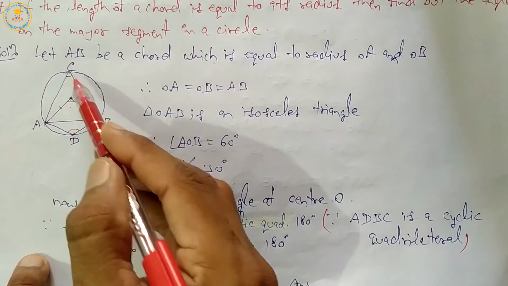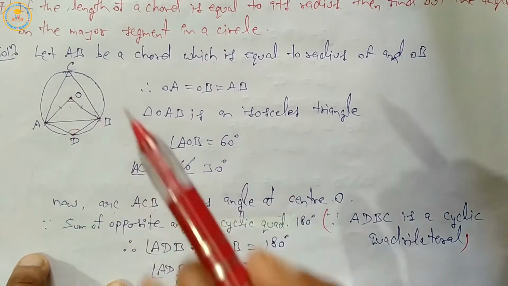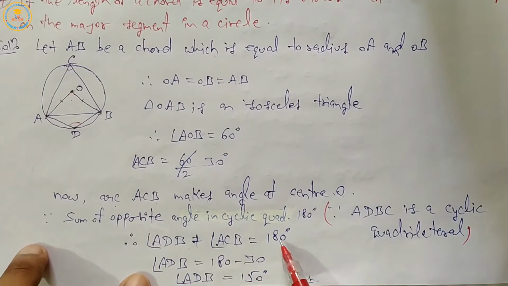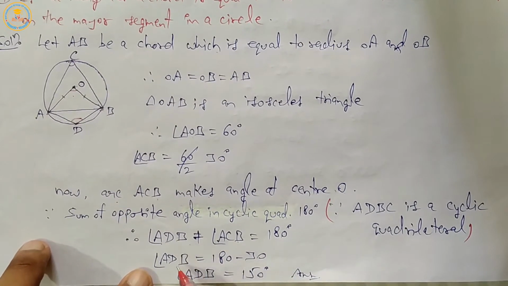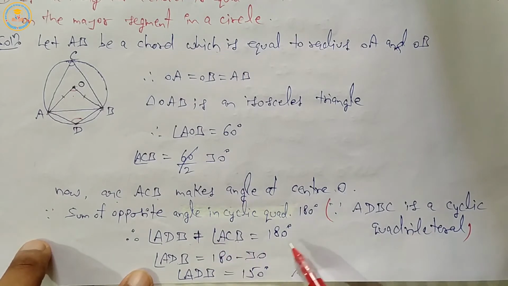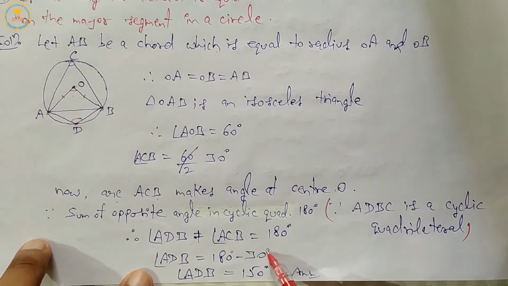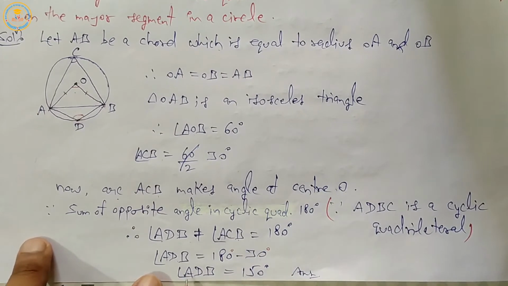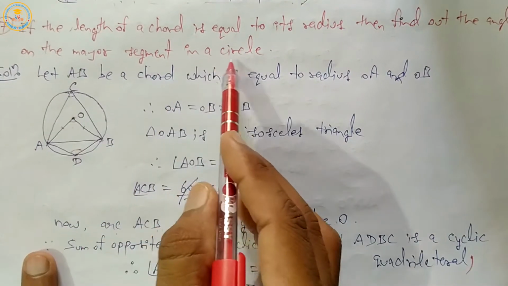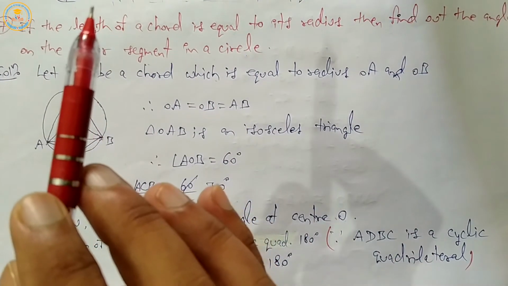So angle ACB plus angle ADB is 180. ACB equals 30 degrees, so transferring to the other side, 180 minus 30 degrees. It means angle ADB is 150 degrees. The answer is 150 degrees, so the angle on the major segment is 150 degrees.